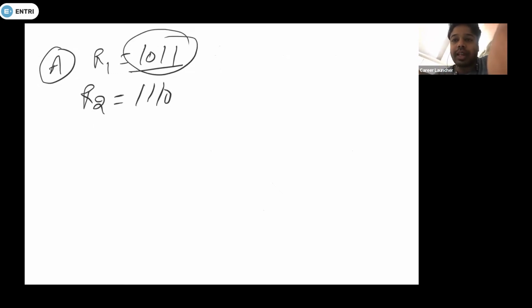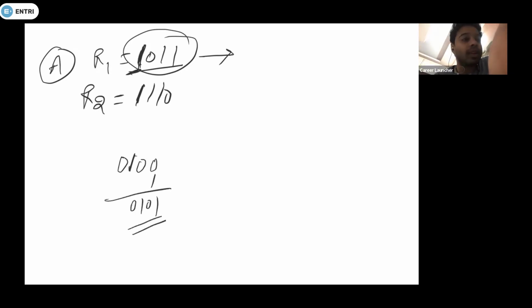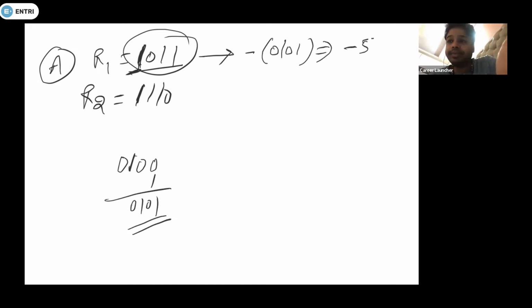The MSB is 1, the sign bit, so the number is negative. To calculate the actual value, we take the 2's complement: 0 becomes 1, 1 becomes 0, and add 1, giving 0101. So it is minus 5.